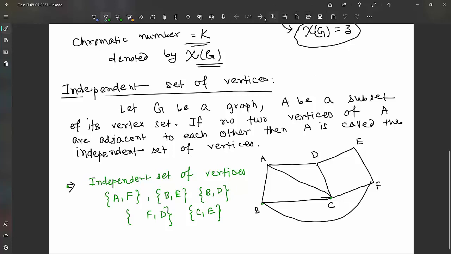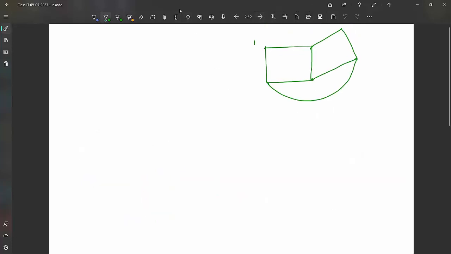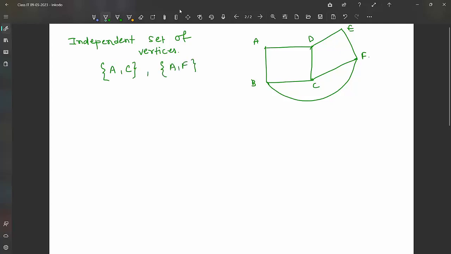So A, B, C, D, E, and F, but this time we are not connecting this A and C. So here you can see some independent sets of vertices: the previous ones are already there, that means AC, or the previous type AF, or CE, all are there.